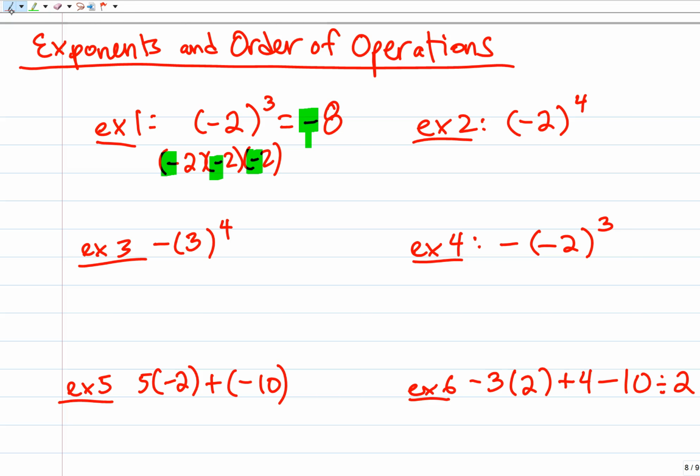What is -2 to the fourth? That's what I heard. What does -2 to the fourth mean? I see 4 negatives. 4 negatives makes the answer a positive. And 2 times 2 times 2 times 2 is 16.